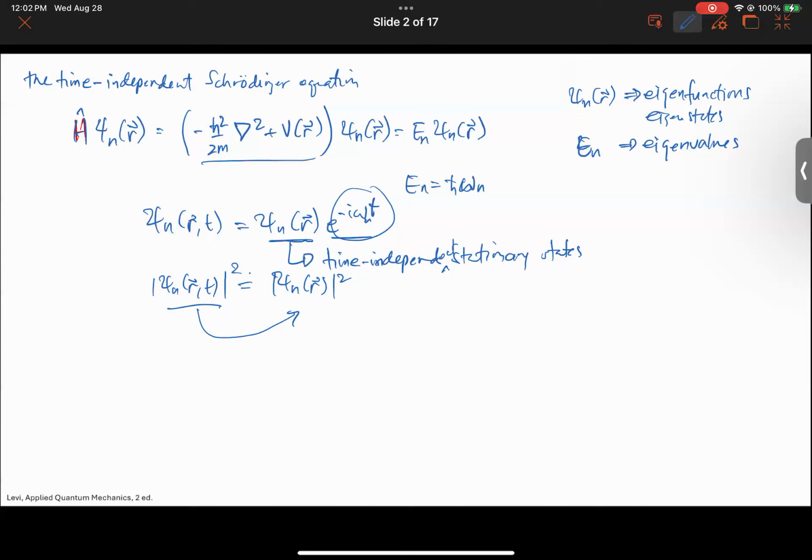Stationary state only means that it is a bound state as a result of the potential, and because the electron is bound within a specific region, its propagation cancels out due to its reflection off the walls of the potential barrier.